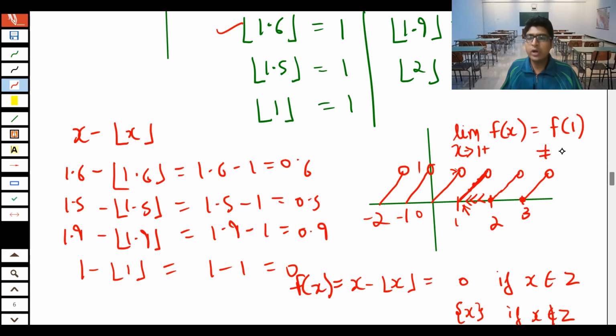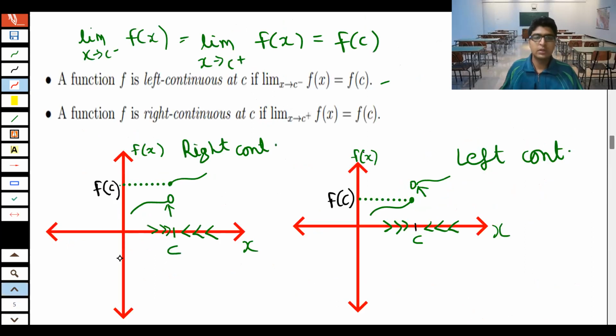But it is not equal to the limit as x tends to 1 minus of f(x). So approaching from the left you reach a different value, but when you approach from the right you reach exactly f of c. In our definition, that means this function is right continuous, because when you are approaching from the right, it is approaching the same value as f of c.